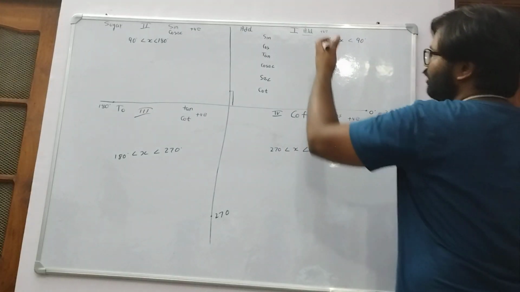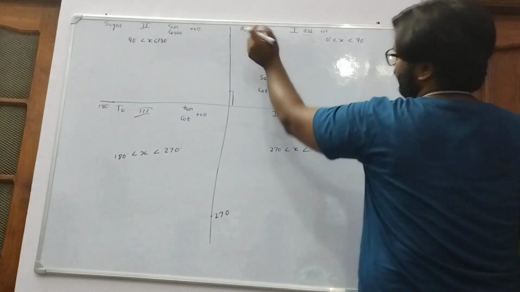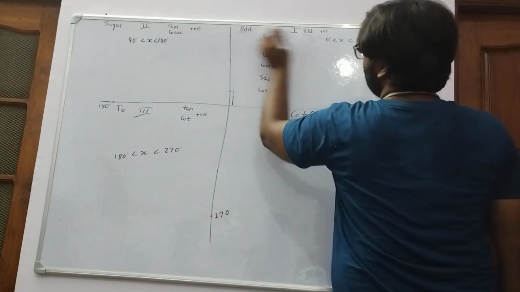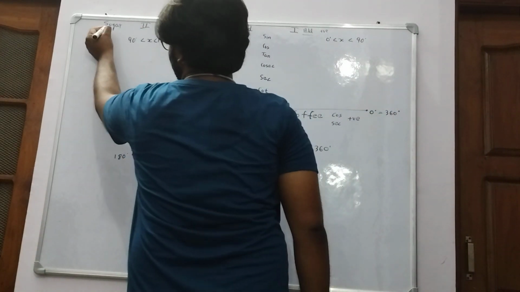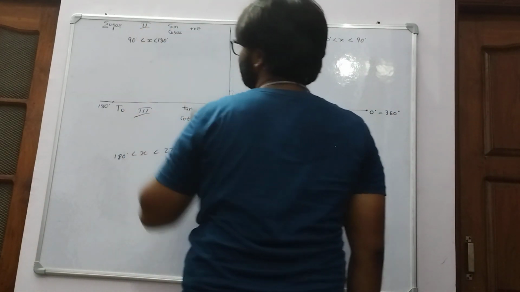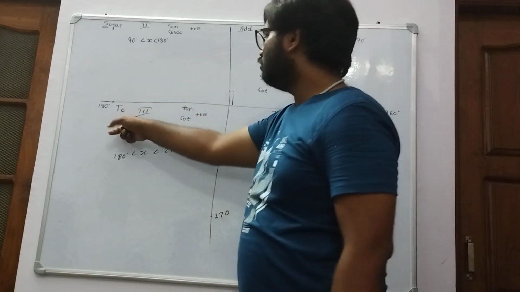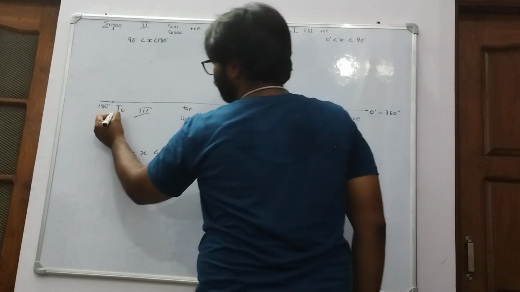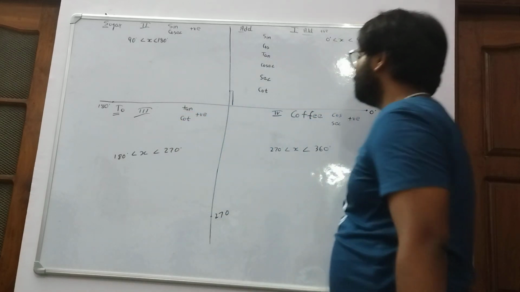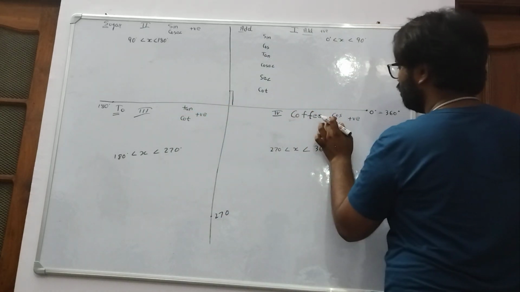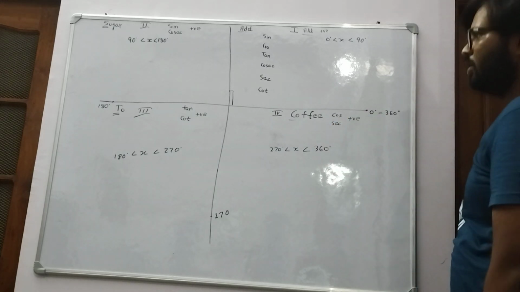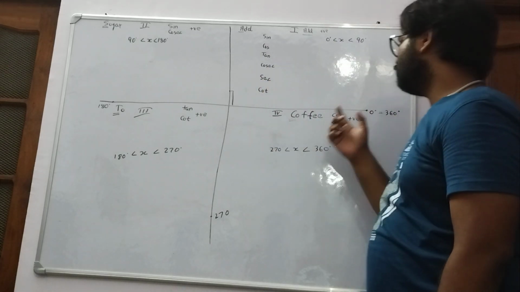So now, all add. A stands for all positive. Sugar, S stands for sine and cosec. To, the T stands for tan and cot. In coffee, the C stands for cos and sec. So add sugar to coffee.